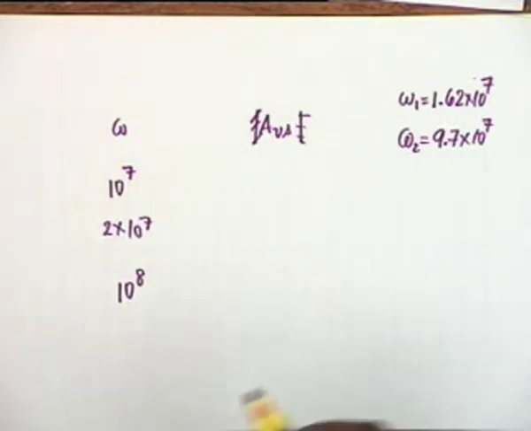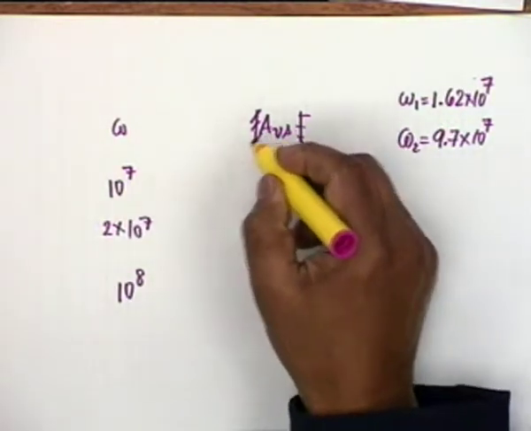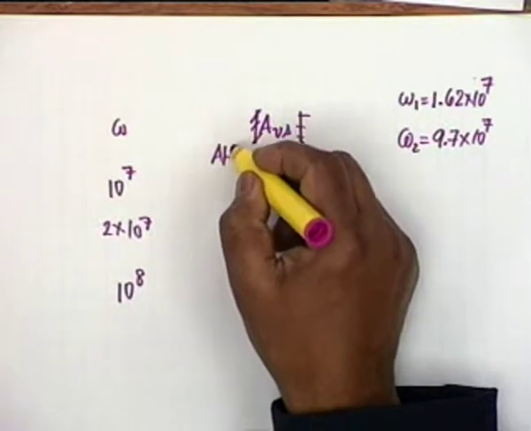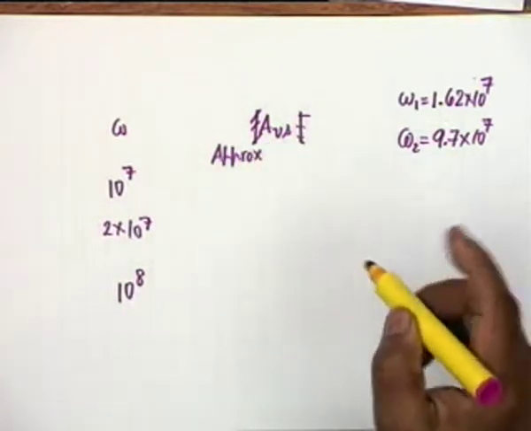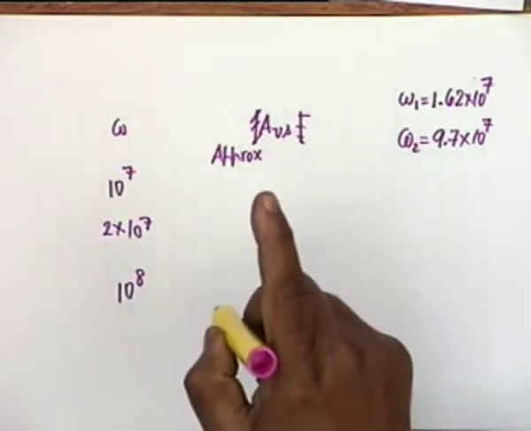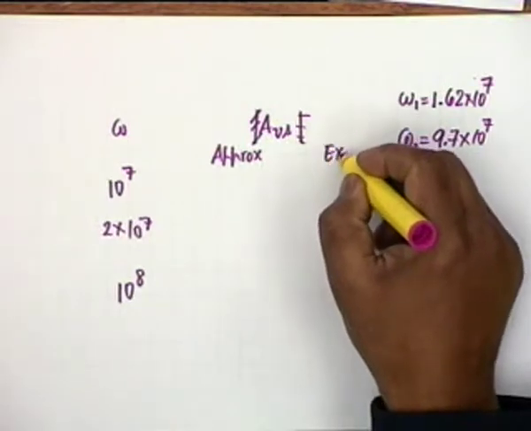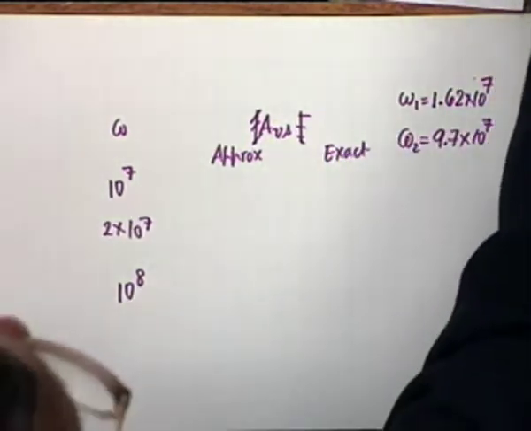Three frequencies we calculated, and we calculated the approximate value, that is by using the Miller model, and the exact value, that is by using this horrible looking expression. The values that we get are very illuminating.